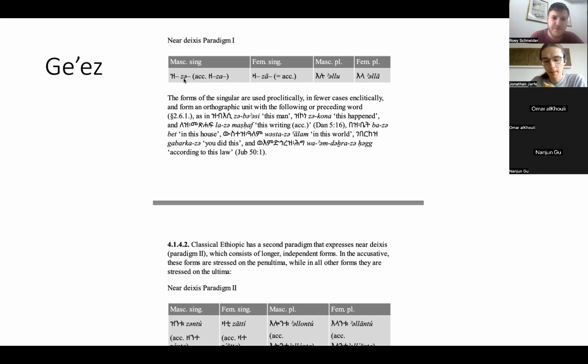So Z for nominative or genitive and za for accusative. Feminine singular za for both, and the plural elu, ella, which, as I have already said in some other lesson, are definitely connected to, like, this is pretty much the whole West Semitic paradigm, and these are quite undoubtedly connected to the Akkadian far deixis pronoun or particle ulu or something like that.